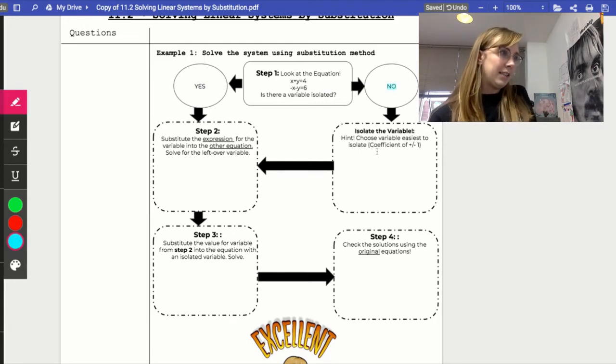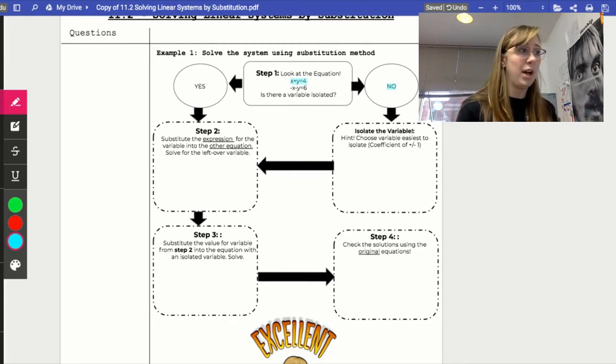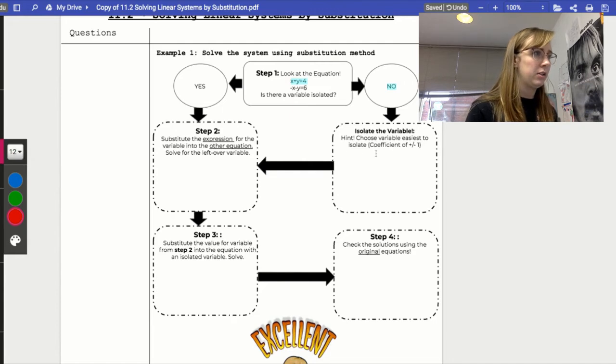All right, so we have to isolate the variable that's easiest. In this case, it's going to be easier to isolate either x or y in the x plus y equals 4. The reason is that in order to get x or y by itself, I just need to subtract one of them. For this case, I'm going to subtract y over and solve for x, just to mix it up a little bit.